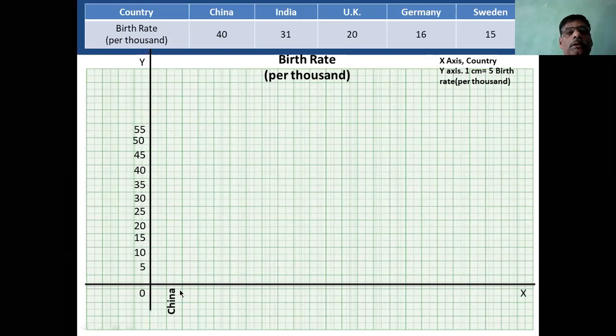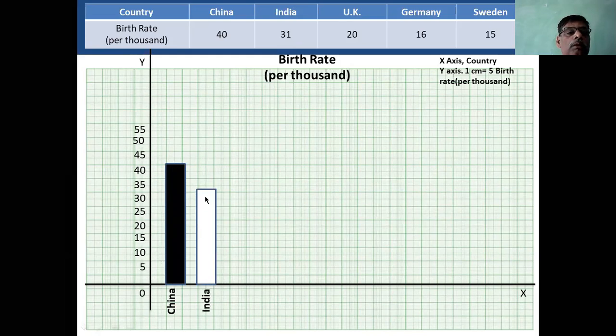Then on the x-axis, the countries. First country China, second India. China's birth rate is 40, so you take up to 40. Then India's birth rate is 31, up to 31.